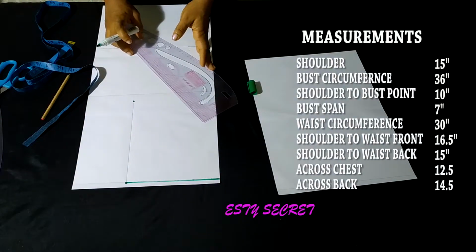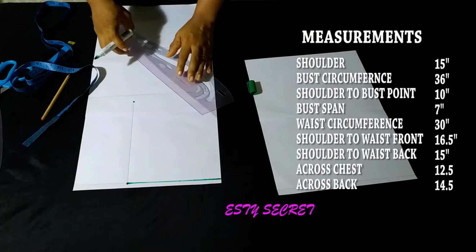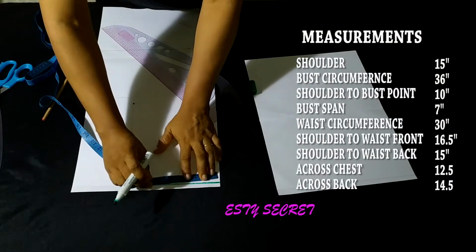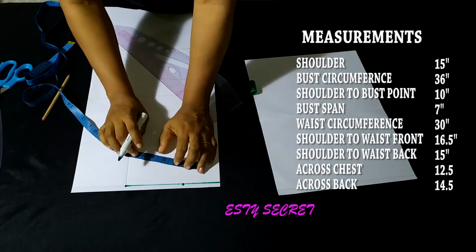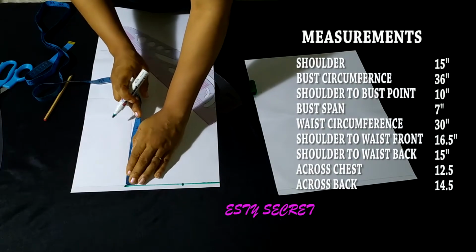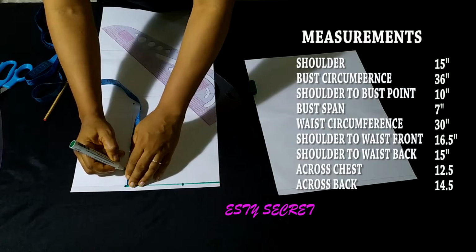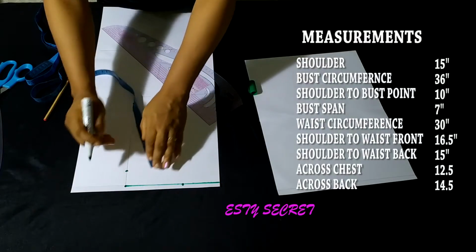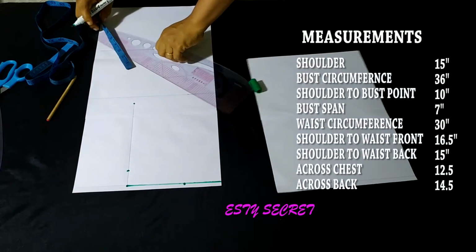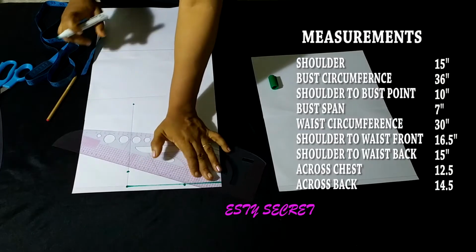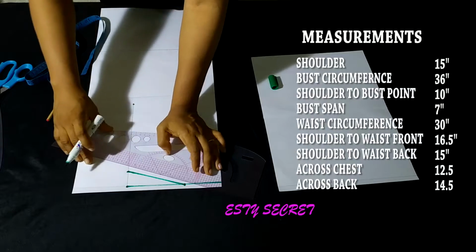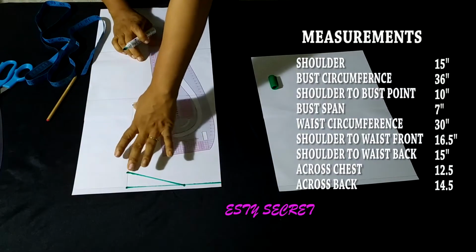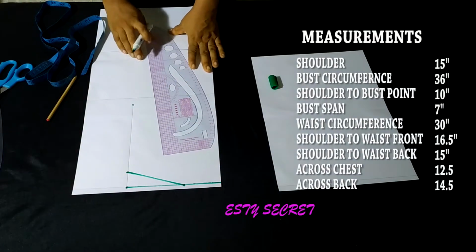Since our shoulder is not straight like so, we're going to mark 3 inches, the standard neck width measurement. Then at this point I can mark my shoulder slope. At the shoulder slope mark, I am going to connect to the neckline, leaving me with my armhole.